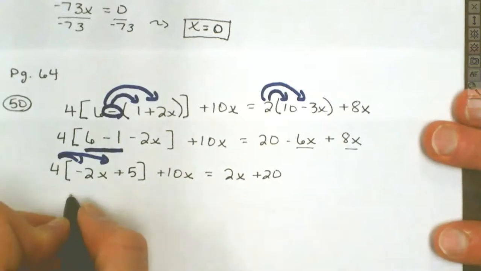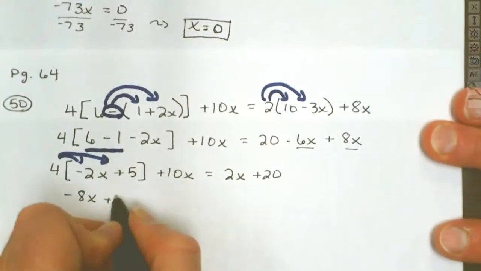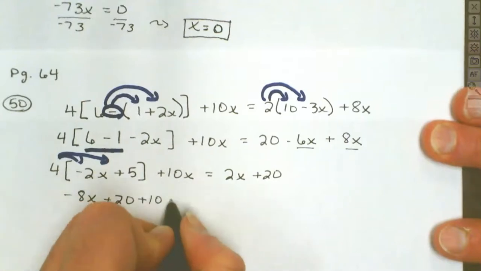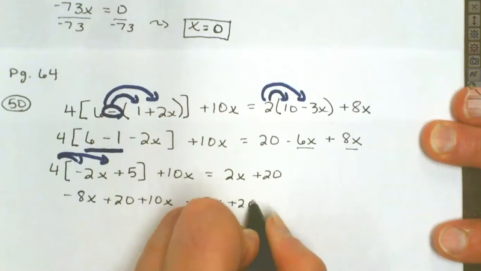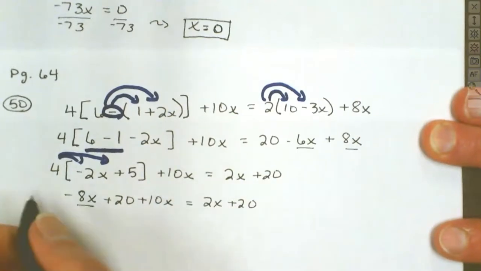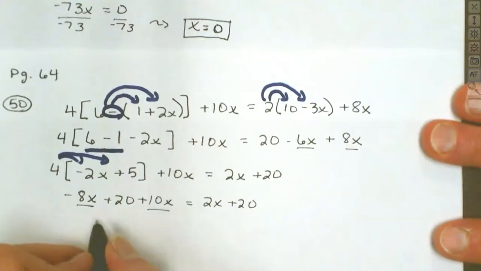So distributing through, that's a minus 8x plus 20 plus 10x equals 2x plus 20. These can go together on the left-hand side. That's going to make that then 2x plus 20.